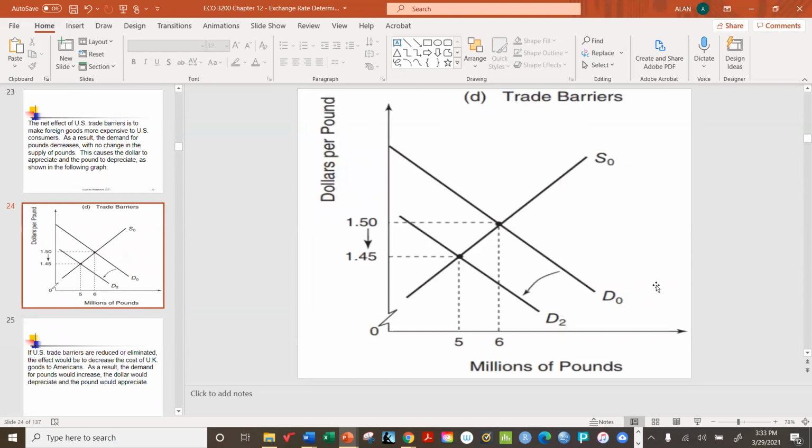So in other words, the existence of US trade barriers will cause the demand for pounds to shrink because British goods are artificially overpriced now. And so this is the net effect. And you notice once more, there's no change in the supply of pounds because it doesn't affect the British desire to buy American goods. It only affects our desire to buy British goods.